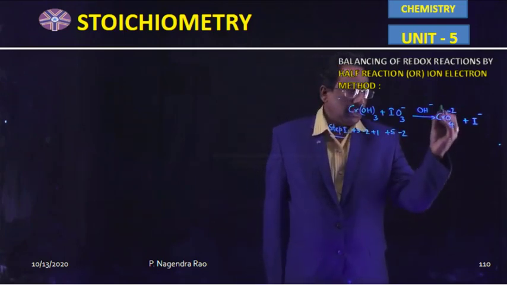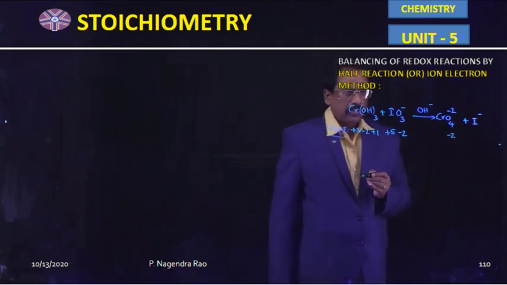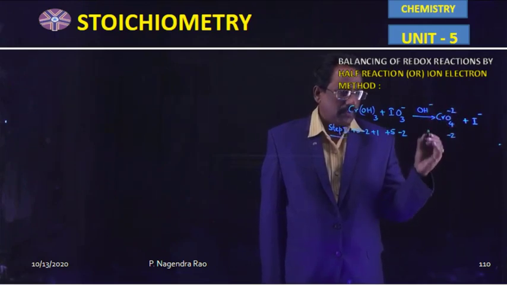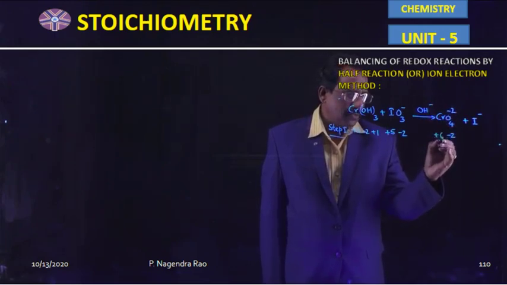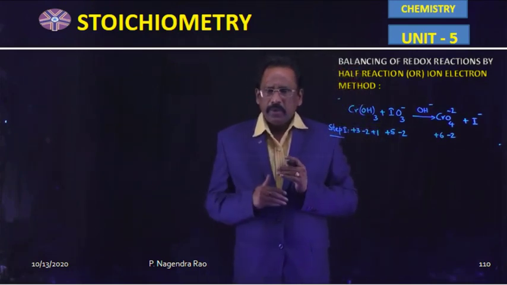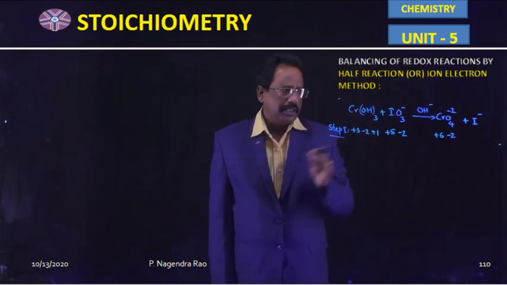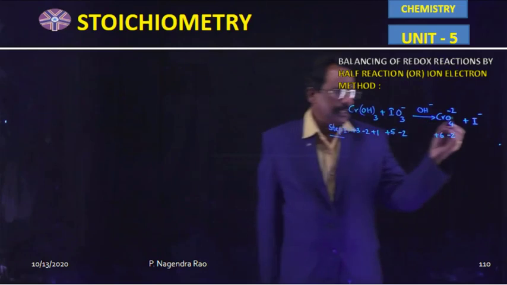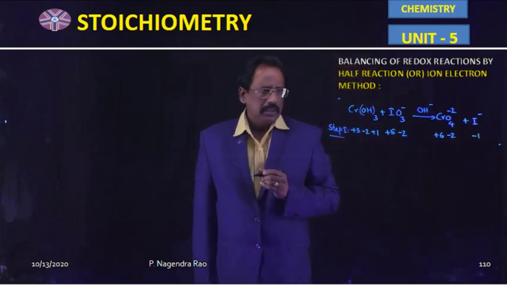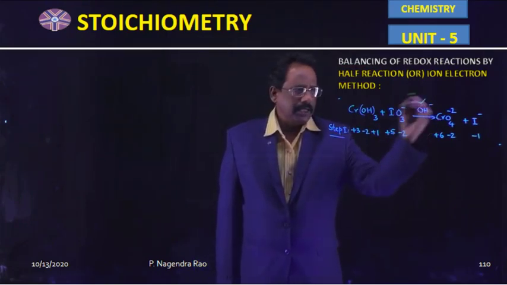And in CrO4 2 minus, for oxygen it is -2. x minus 8 is equal to -2 and x is equal to +6. That means chromium oxidation state in chromate ion is +6. This is a simple radical, charge is -1. Here this chemical reaction takes place in alkaline medium.